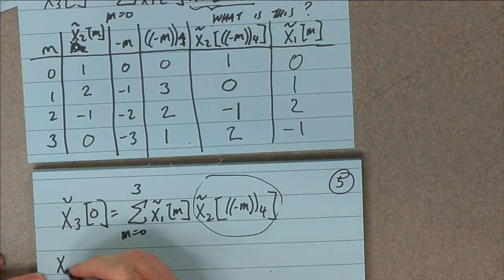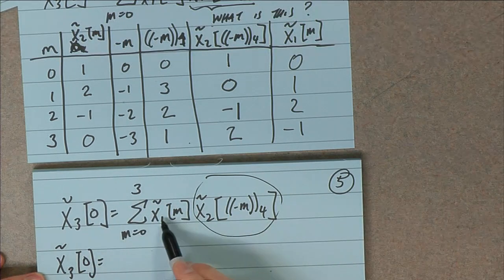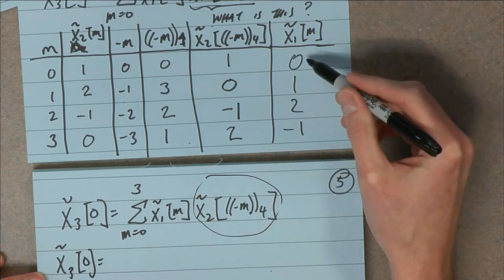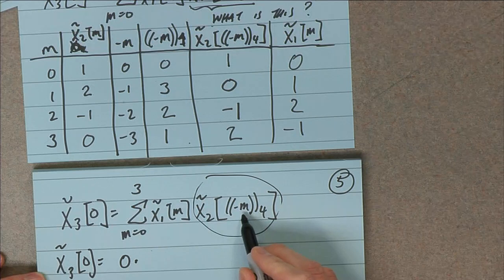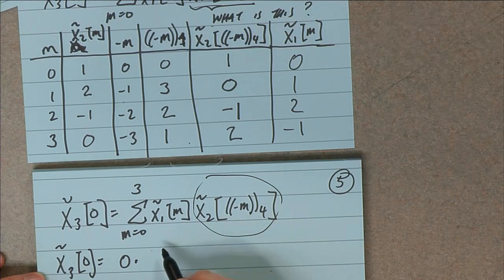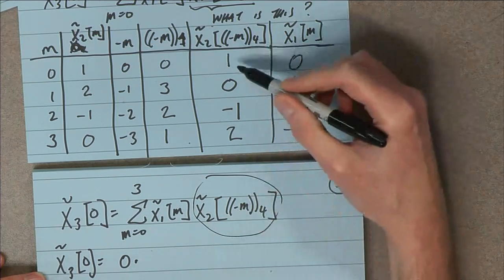Now all we have to do to mechanically function here is, with m equals 0, x1 of 0 is 0 times x2 of 0, which is 1. Let's see, did I get that right? Yeah, that's right.